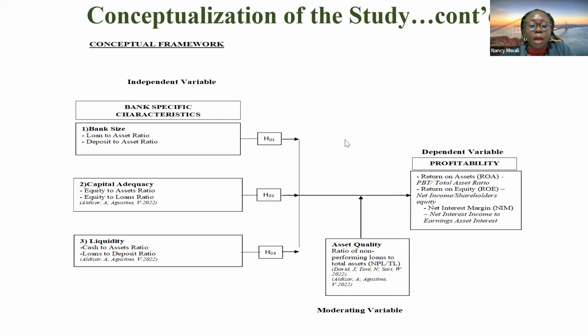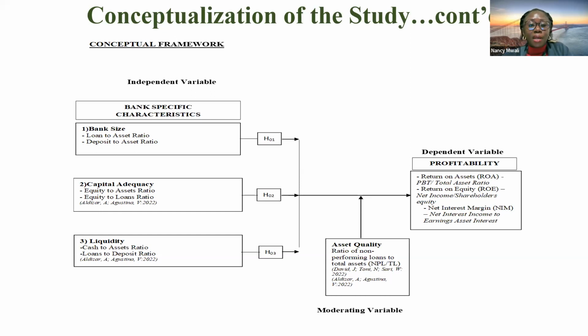The purpose of the conceptual framework is to demonstrate the relationship between the variables. The example I'm now projecting is from my own study, where this is how my variables are related.